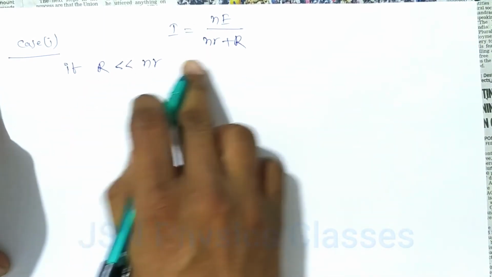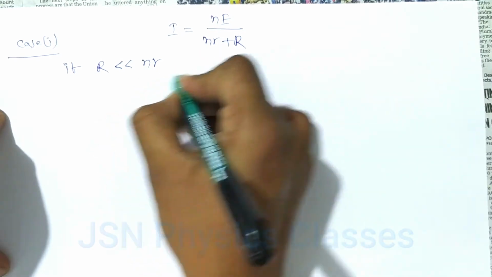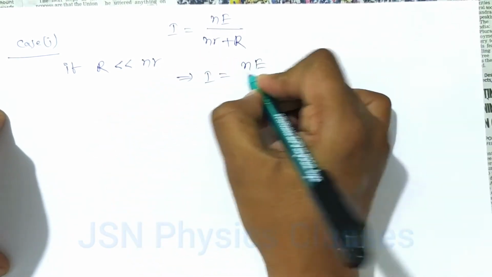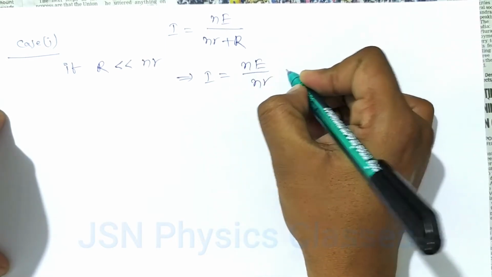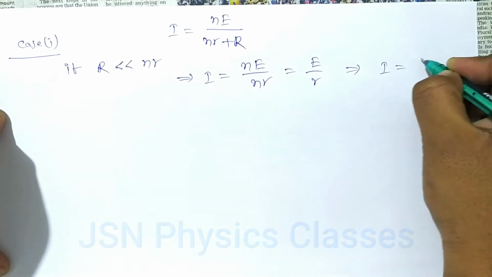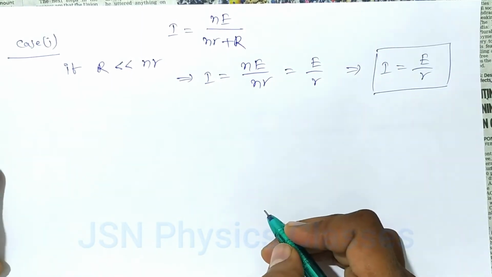Here the R value is very less, so you can neglect it. Now I can write the current passing through the circuit as I equal to NE by NR, so I can write E by R. So the current passing through the circuit is E by R.